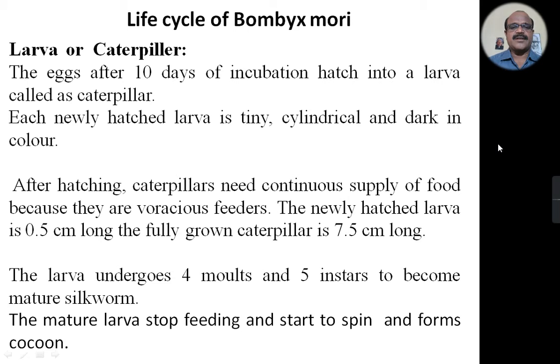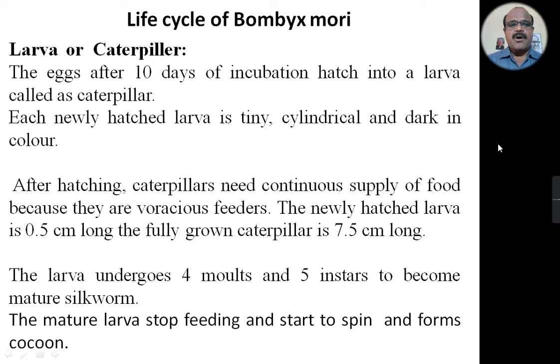These caterpillars are voracious feeders and they go through the process of molting. They undergo 4 molts. These molts take place by the influence of the molting hormone, that is ecdysone.